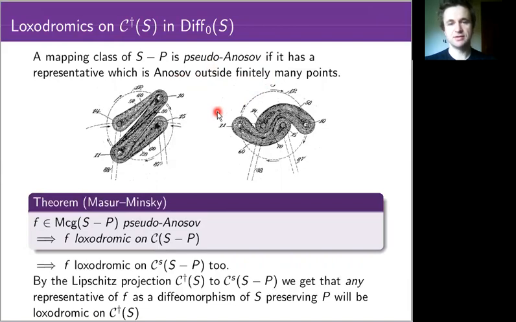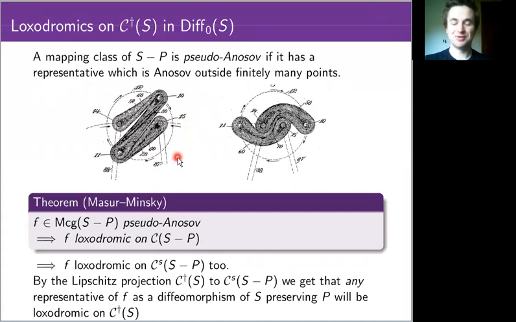So Anosov means that there's this fixed constant lambda called the stretch factor, such that the map stretches one direction by lambda and contracts the other by lambda, or stretches it by 1 over lambda. Lambda is strictly greater than 1.